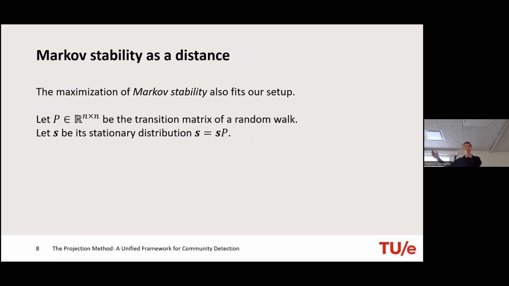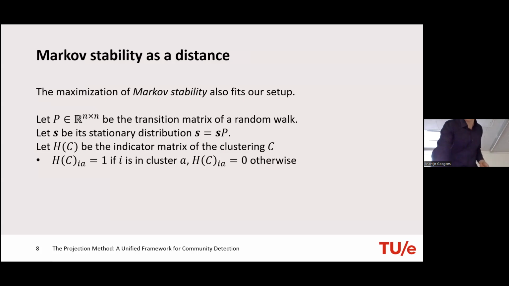So you map the graph to some point, and then you minimize the angular distance to a clustering vector. So the way that Markov stability is defined is you have a random walk on a network. So the random walk is defined by this transition matrix. And we take its stationary distribution. We assume that the stationary distribution is unique.